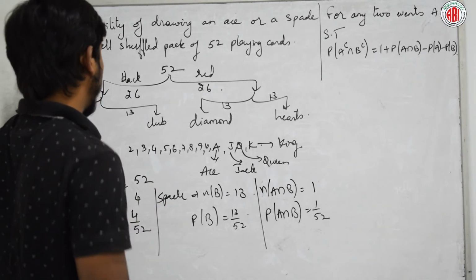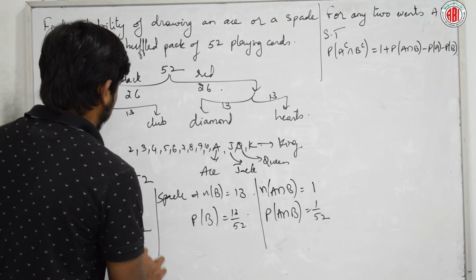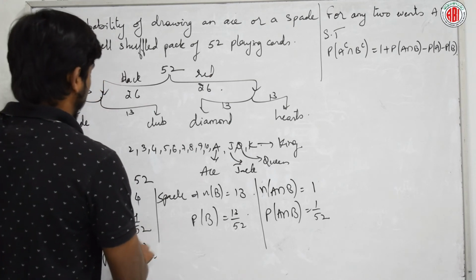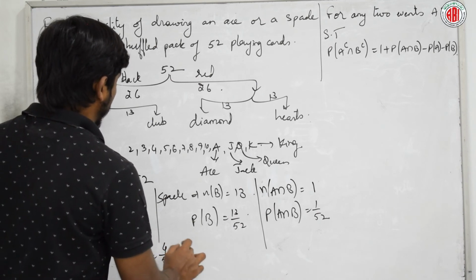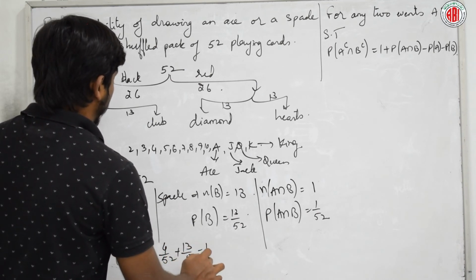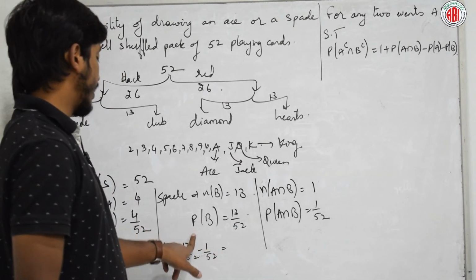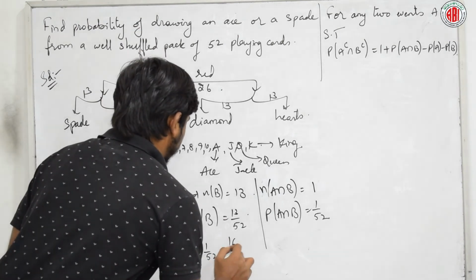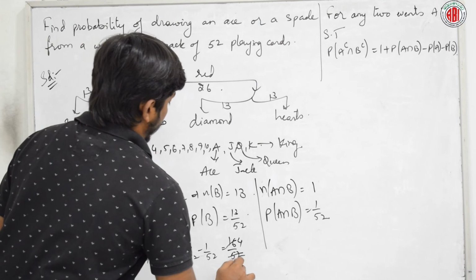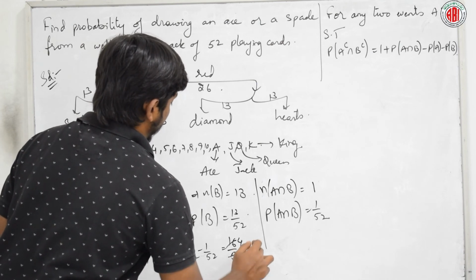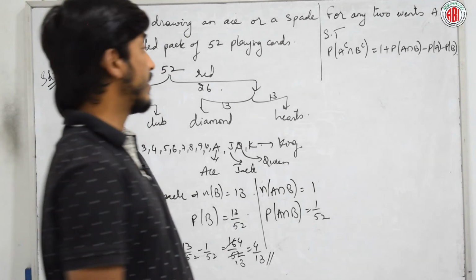Now if I substitute in the formula, the probability of ace or spade is given as P of A plus P of B minus P of A intersection B, that is 4 by 52 plus 13 by 52 minus 1 by 52. How much is it? 13 minus 1 is 12, 12 plus 4 is 16 by 52. 4 4s are 4, 4 1s are 4, 4 3s are 12, which is 4 by 13. This is my answer. Is it clear?